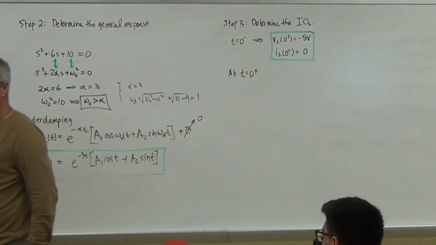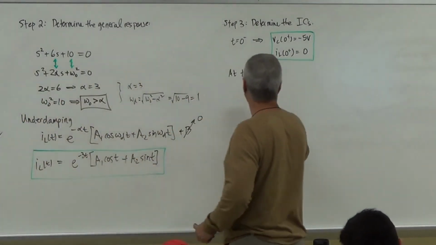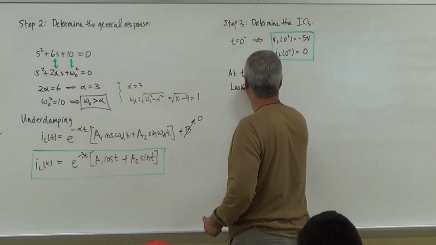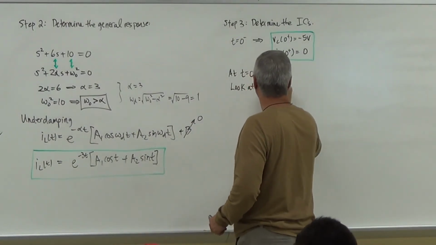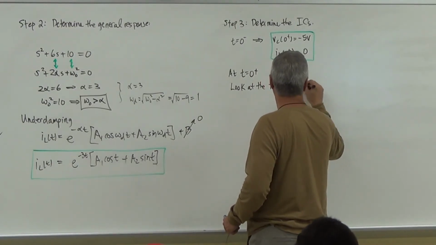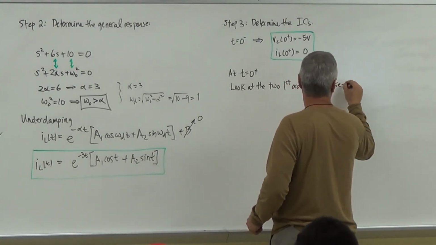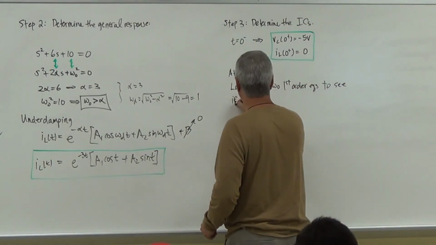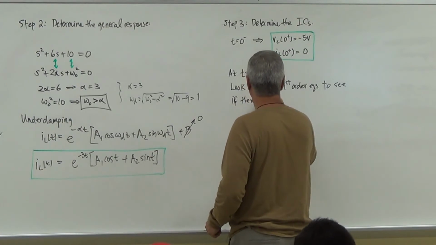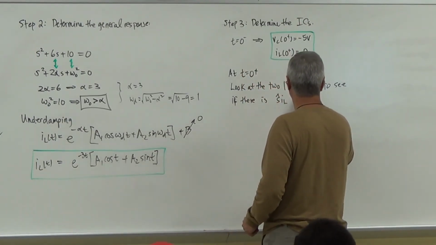We go here. I go look for the term with the derivative of the inductor current. So I look at the two first order equations to see if sIL hat is isolated.